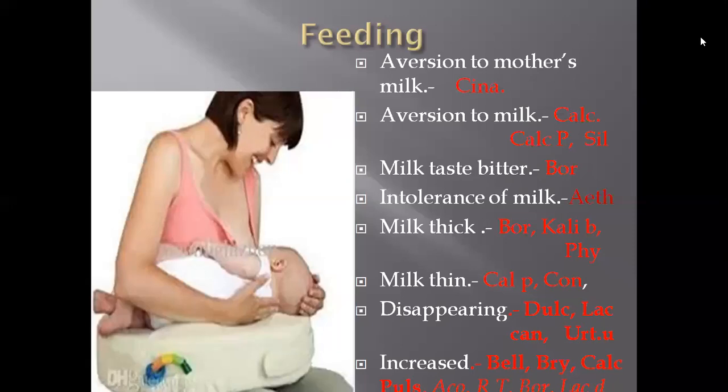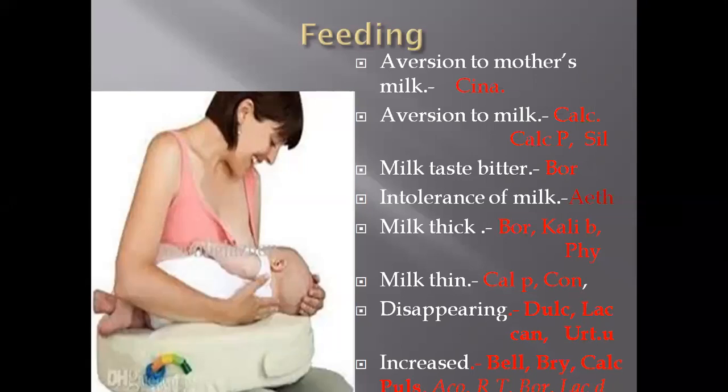Another medicine is Dulcamara. Herein I have noted milk disappearing. There is lack, this means lack of milk in the mother's breast. Herein I have noted 3 medicines. Another 2 medicines you try to include.